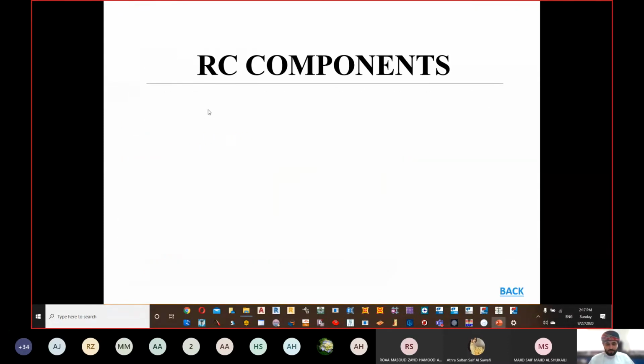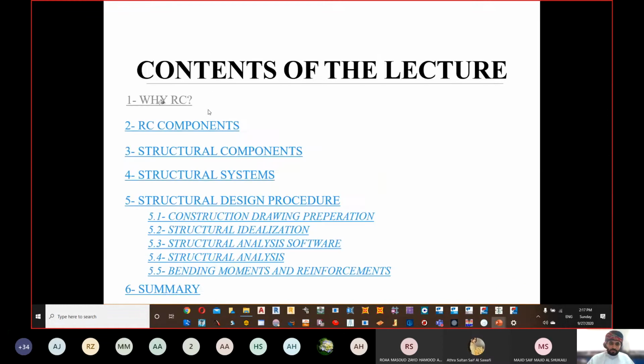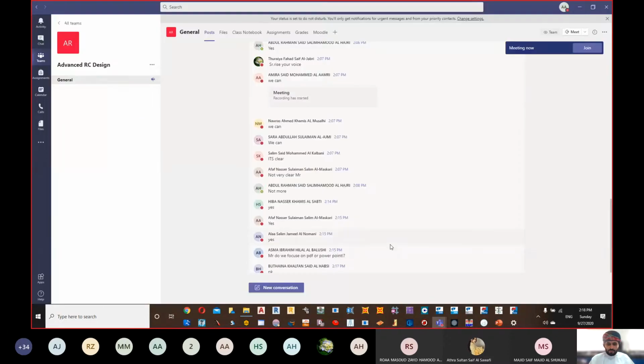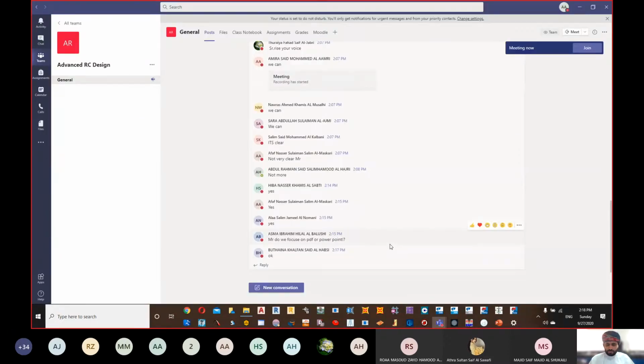So if I started asking the students, why do we use a lot of RC? Why do we use a lot of concrete in our country? I mean, why don't we use any other material? Once again, keep it interactive so you will understand.